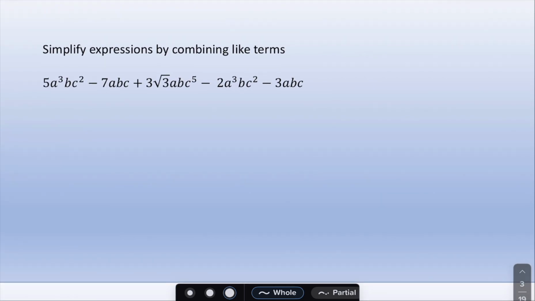So let's take a look at this, if we're asked to simplify by combining like terms. What I'm going to do is go down the list here. We've got 5a cubed bc squared. And we see another one of that exact combination, a cube on the A, a square on the C, and then the B just doesn't have a power, or that is considered a first power, on these two terms right here.